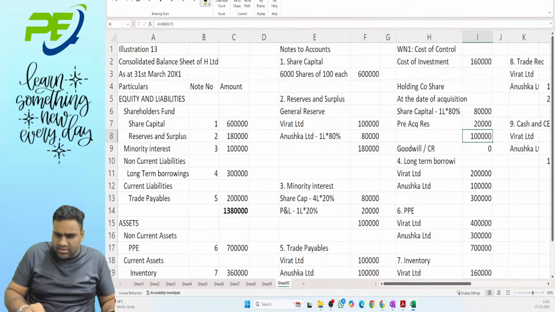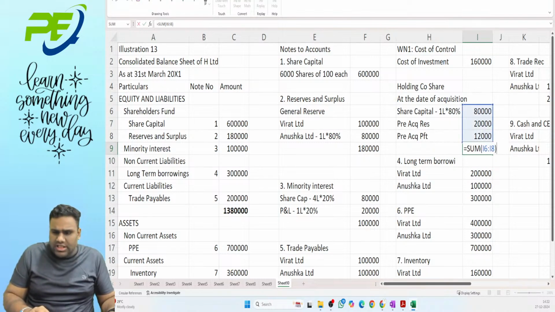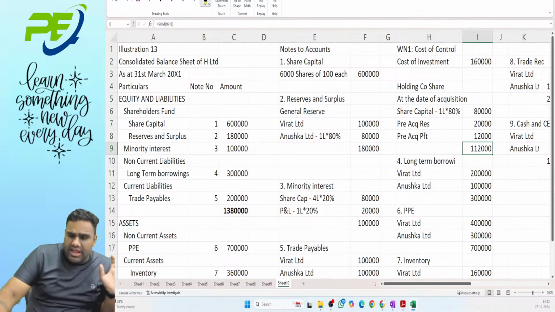So 20,000 and 12,000. So pre-acquisition reserve and pre-acquisition profit. So total 1 lakh 12,000. Tell me, goodwill or capital reserve? Goodwill.